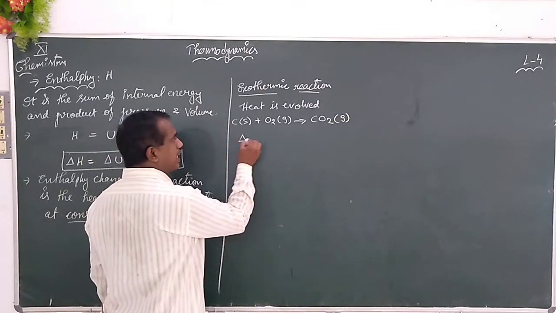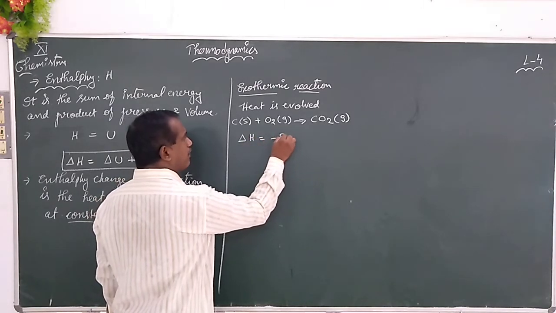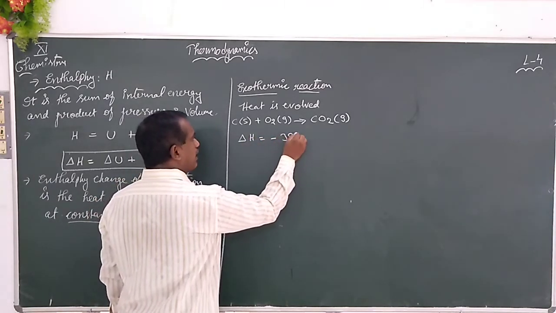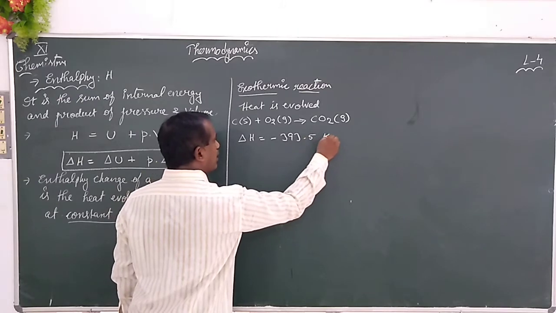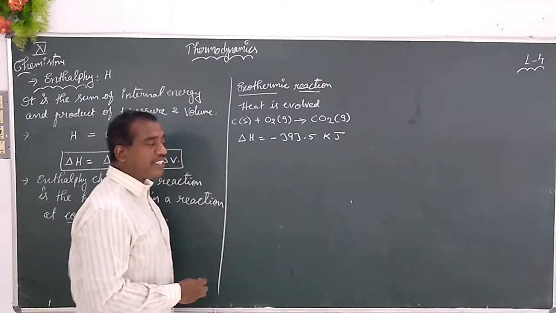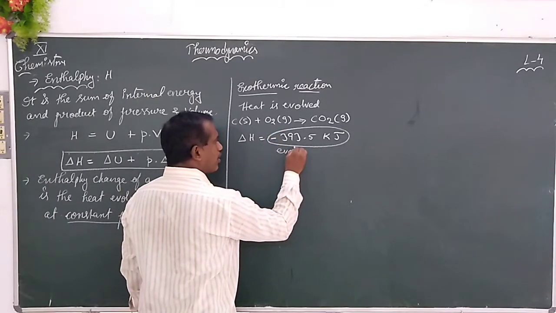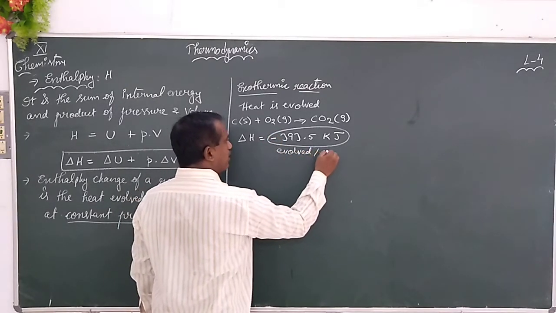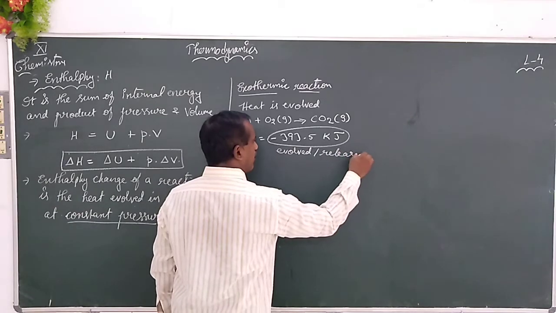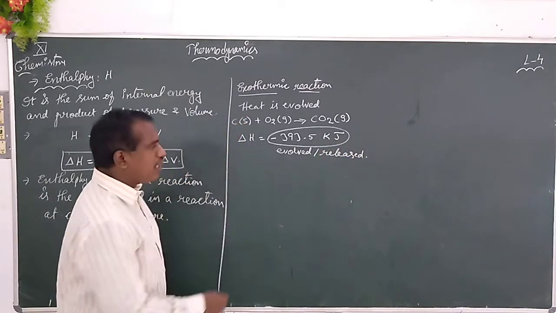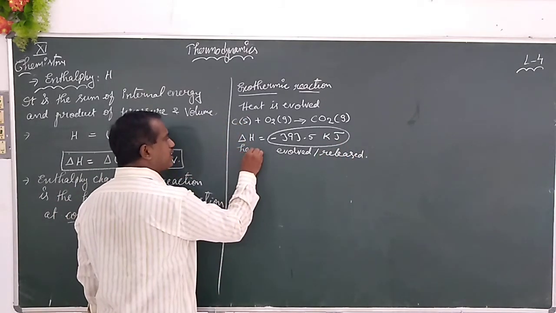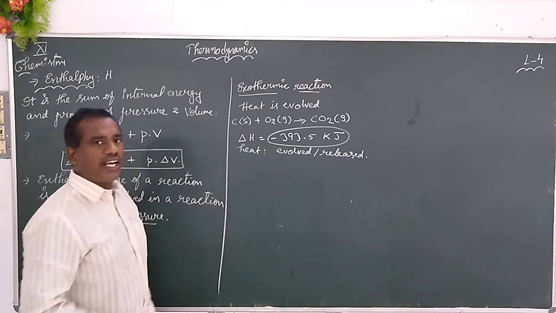In this reaction, the change in enthalpy is minus 393.5 kilojoules. It means this much energy, or heat, is evolved or released from the reaction.